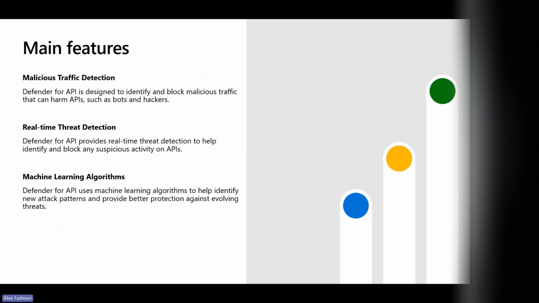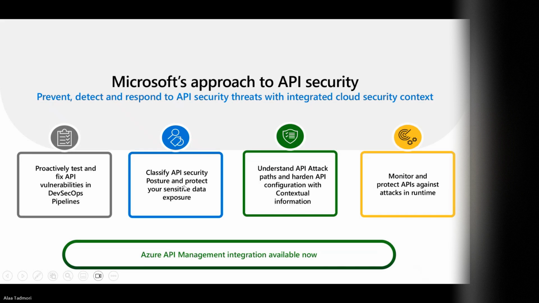So what's the main feature? It mentioned traffic detection, real-time threat detection, and it's based on AI. From the slide, I just wanted to point out that this starts from DevOps, actually, with the analysis of the APIs, and then the classification.